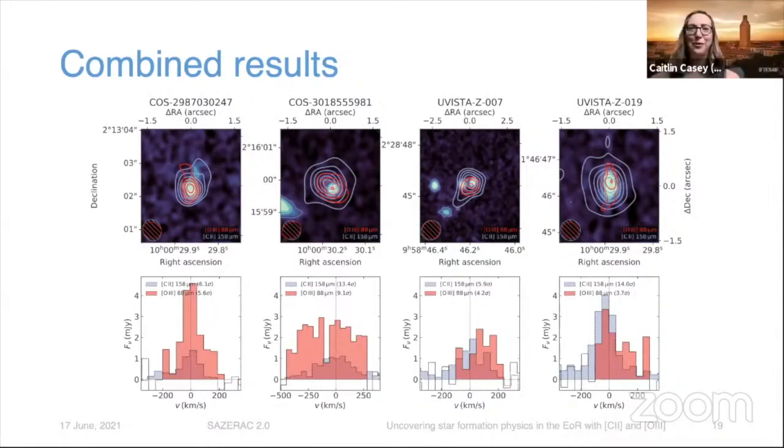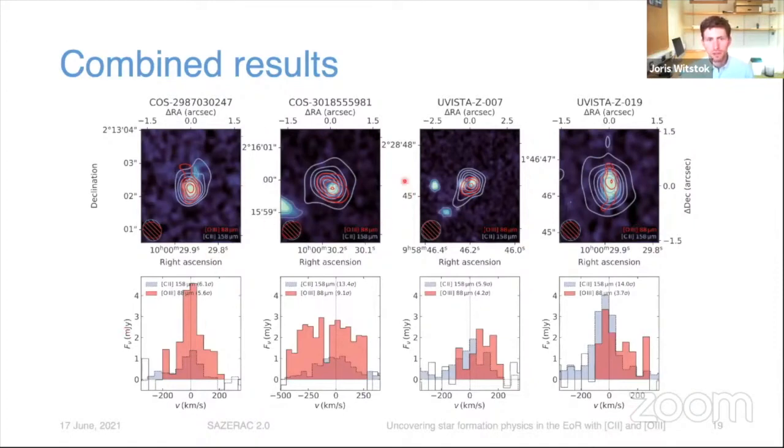Here's the second question from Rebecca. What is the resolution of your C2 and O3 data? Is there any way you could be resolving out extended emission? Yeah, that's also a great question. The whole measurement set is quite heterogeneous. For these 2 sources, we've got slightly lower O3 resolution, but slightly higher C2 resolution.